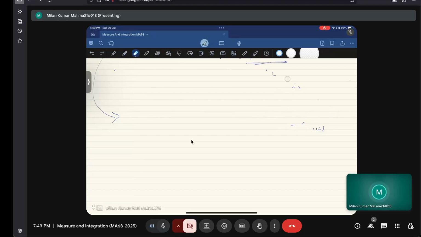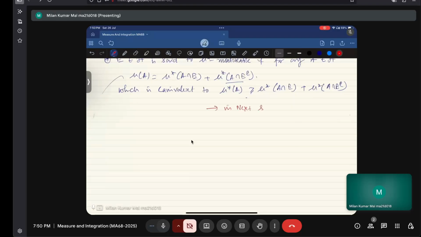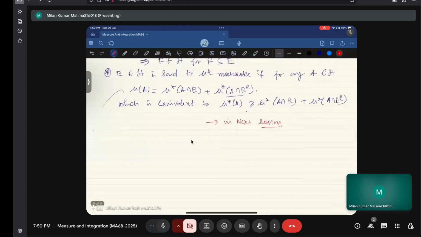This is incomplete. I'll do another problem and close today's session, and do this one the next day.